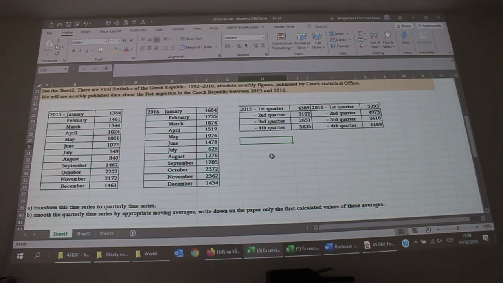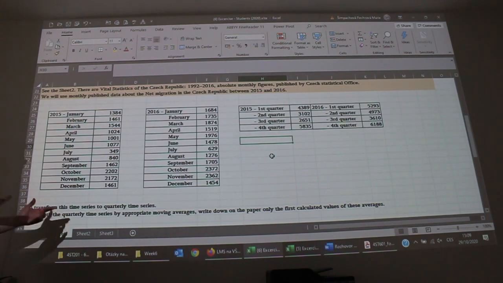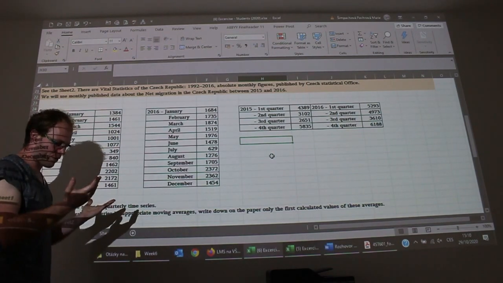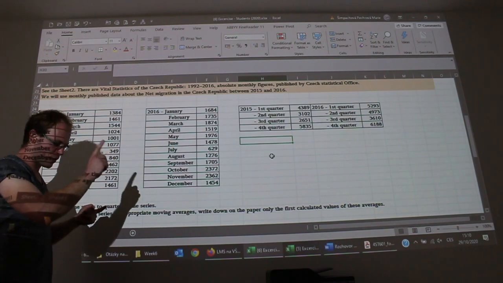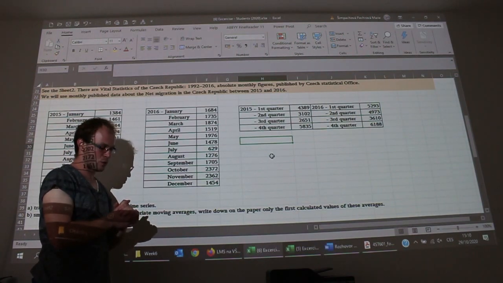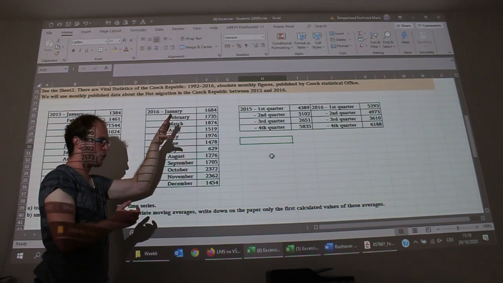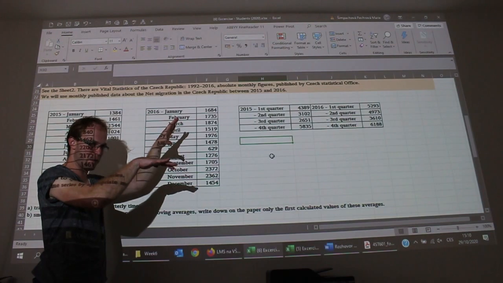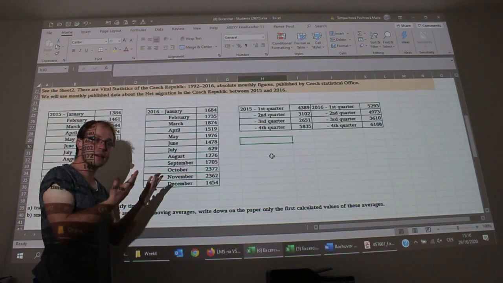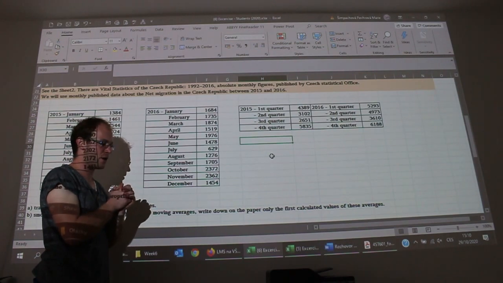Okay, and you talked with Mr. Hellman about smoothing time series by moving averages. What is a moving average? You could see the first moving average in the two previous examples. There we used a moving average with length 2 because we calculated the summation of y1 and y2 divided by 2. It was a moving average of length 2, weighted, because there was multiplication by the number of days.